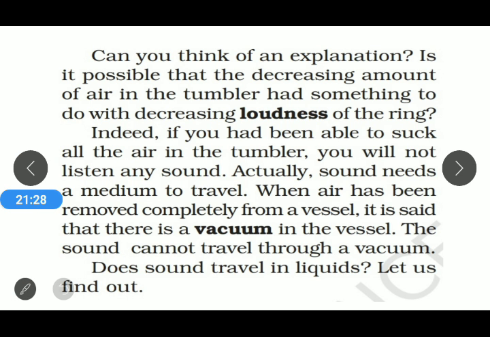Now, what explanation can we give? Is it possible that the decreasing amount of air in the tumbler had something to do with decreasing the loudness of the ring? Indeed, if we had been able to suck all the air out of the tumbler, we would not hear any sound.